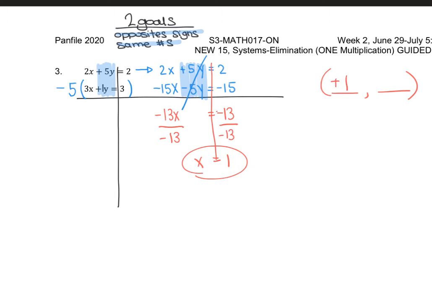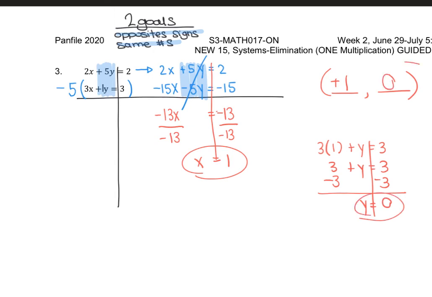And now I want to go back to my original equation. I'm actually going to plug it into the bottom one this time. So I get 3 times 1 plus y equals 3. That's 3 plus y equals 3. I subtract 3 from both sides, and I get y equals 0.